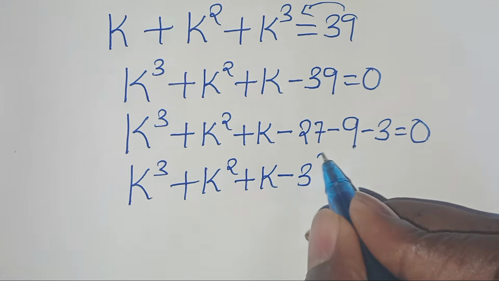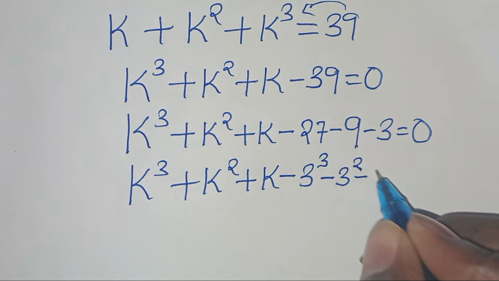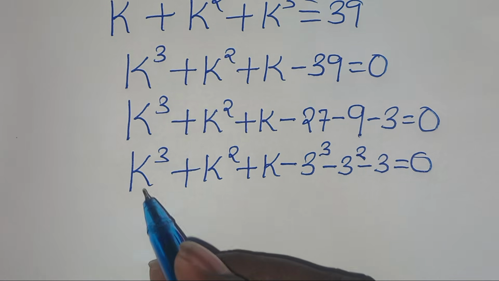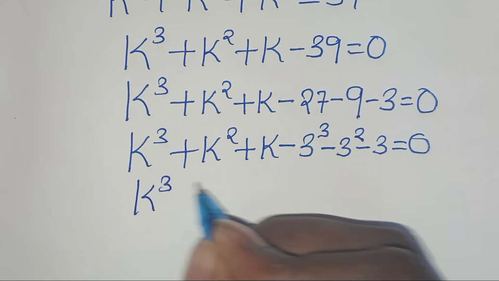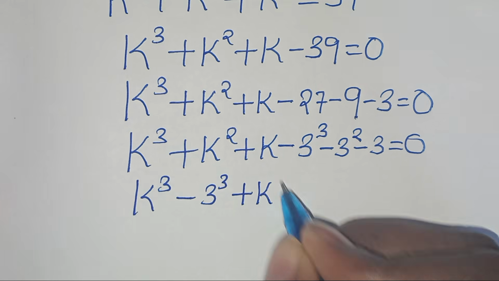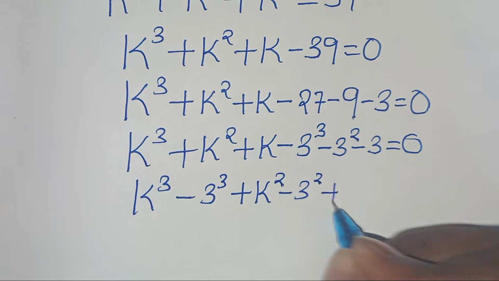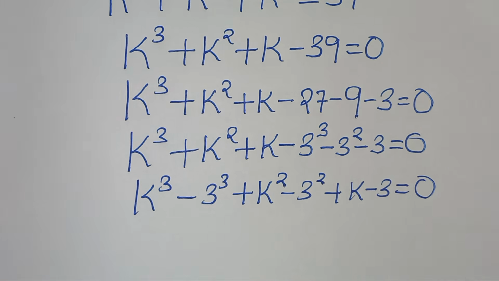This is 3 to the power of 3, minus 9, which is 3 to the power of 2, subtract 3. This is equal to 0. So we have k to the power of 3 and 3 to the power of 3 here. So this is k to the power of 3, subtract 3 to the power of 3, plus k to the power of 2, subtract 3 to the power of 2, then plus k minus 3. This is equal to 0.